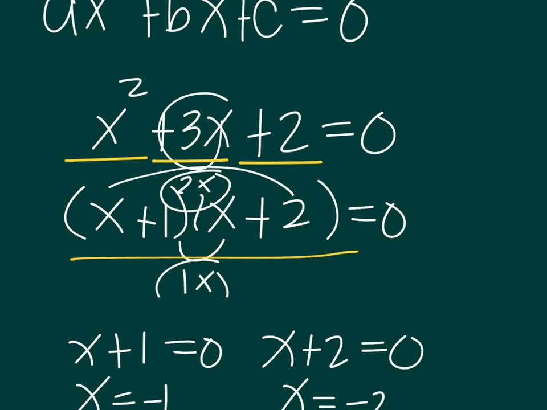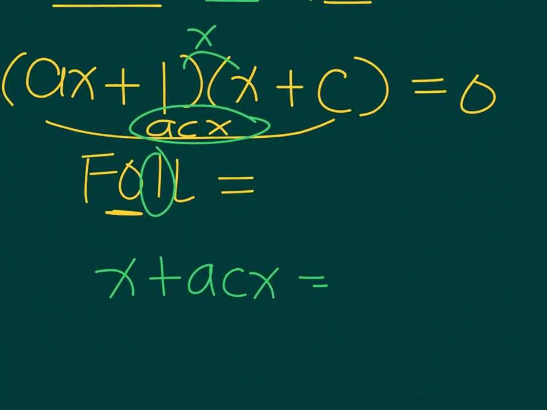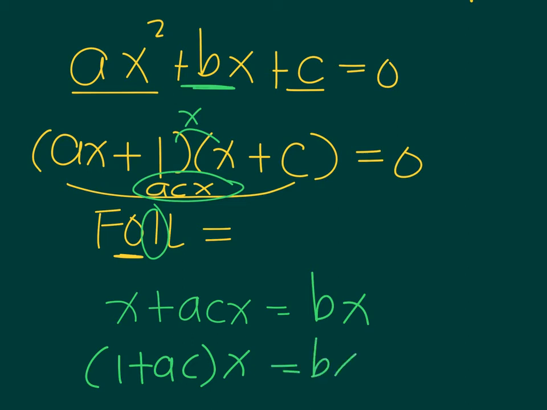In terms of a, b, and c, that means the acx and the x should be equal to the middle term, which is bx. If you simplify this, by factoring out x, you should see that 1 plus ac times x is equal to bx.